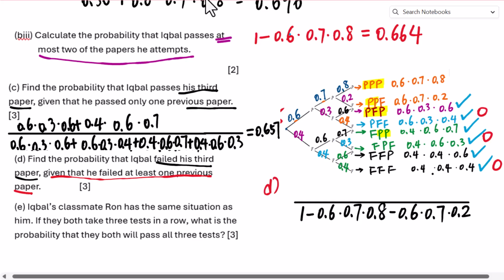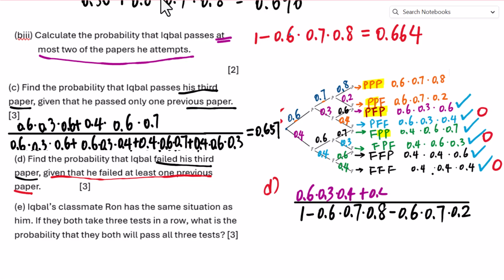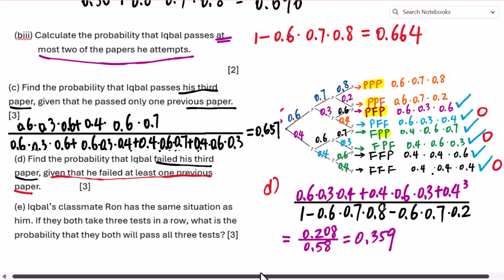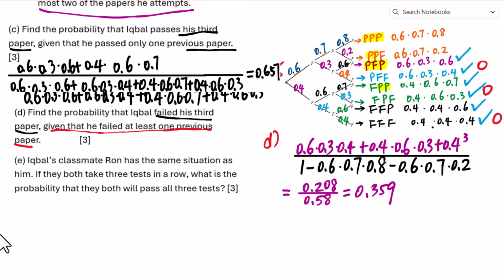We need to add the probabilities with the red circle to be the numerator. 0.6 times 0.3 times 0.4 plus 0.4 times 0.6 times 0.3 plus 0.4 to the 3rd power equals. Answer is 0.359.